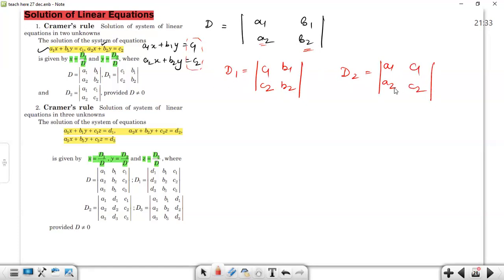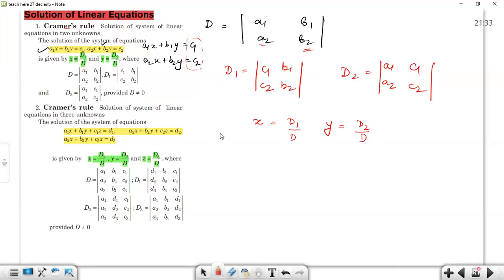So this is what d1 and d2 are. Now, as per Cramer's rule, the value of x will be d1 over d, and the value of y will be d2 over d. This is what Cramer's method says.